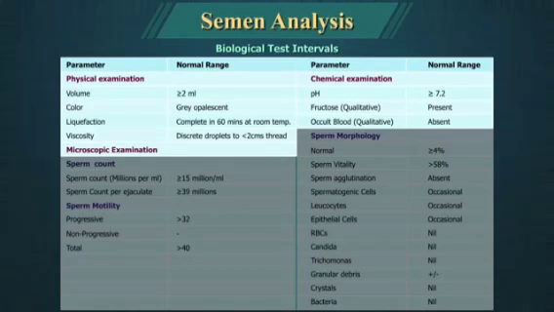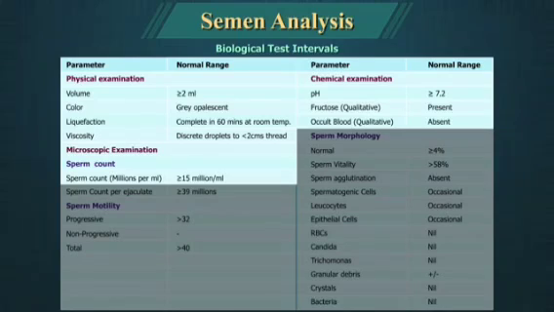Microscopic examination. The sperm count in millions per ml is more than 15 million per ml and sperm count per ejaculate is more than 39 million.